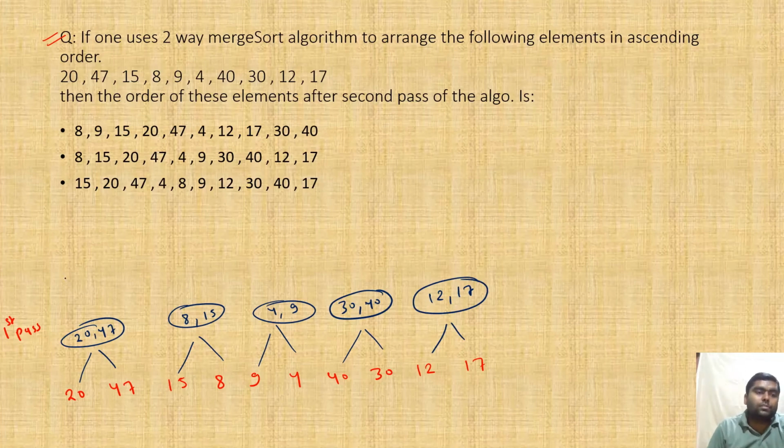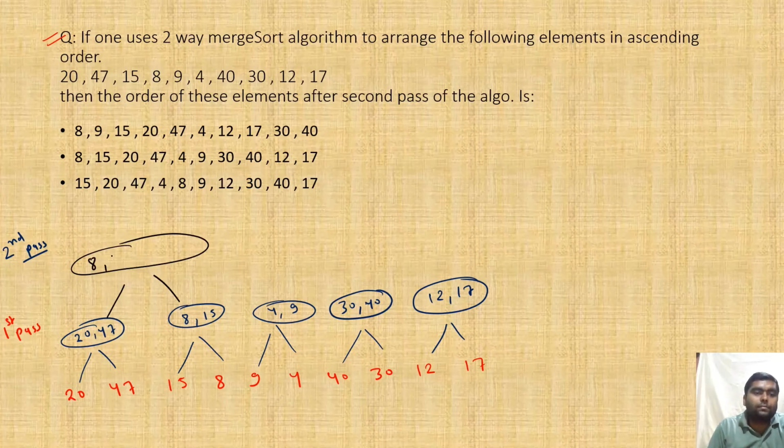Okay, what about the second pass? Let us also check the second pass. What will be the resultant after the second pass? These two groups of elements will be merged and sorted. So it is 8, 15, 20 and 47.